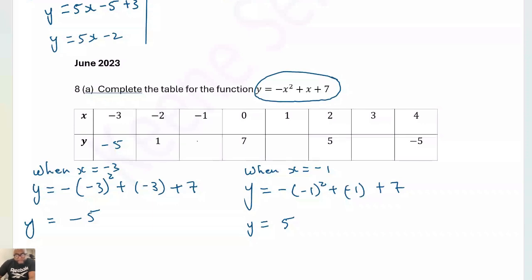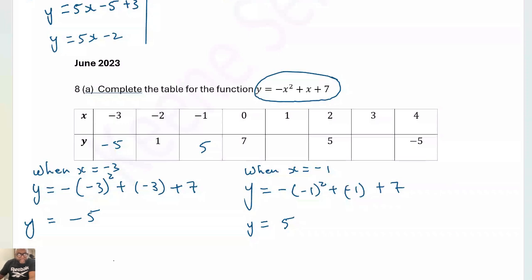Positive 5. Negative, this will be +1. So -1 minus 1 is -2. -2 plus 7, yeah, correct. Right, so there we go.